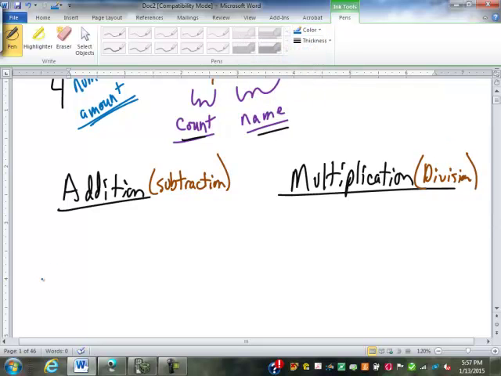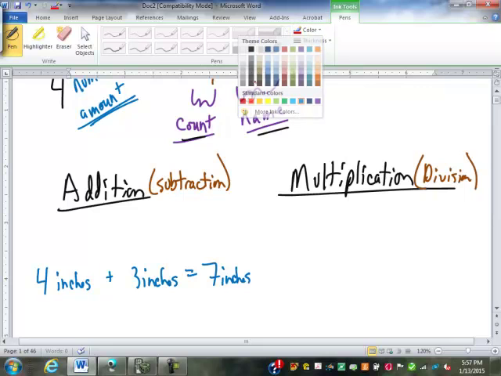So let's just take a look at an operation of addition with one of these numbers with the 2 parts in it. So let's talk about 4 inches plus 3 inches. What do we get? 7 inches. Good. Didn't know there was going to be a quiz in the first hour.